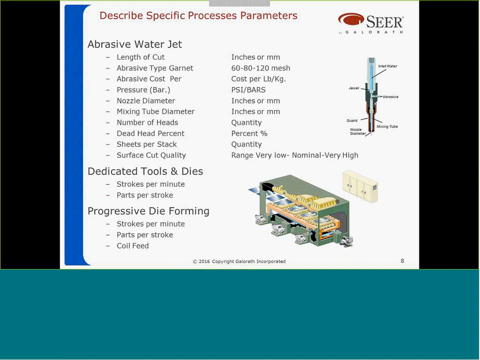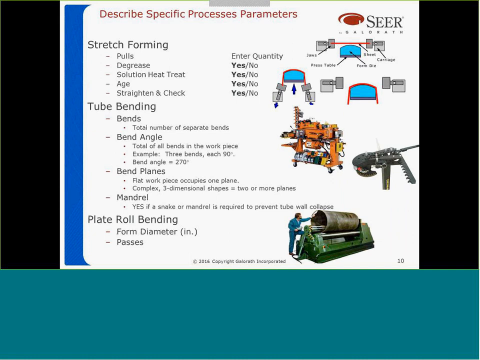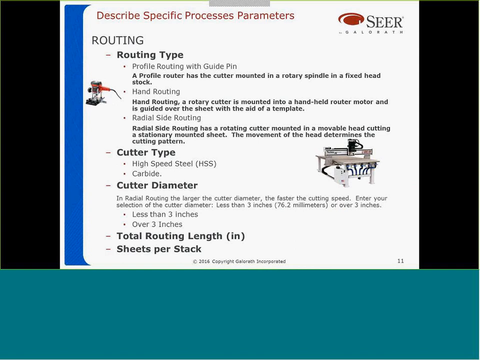Jet is another option for cutting. If you have high quantity, dedicated tools and dies are progressive die forming. Drop hammer, both traditional and hydroform type forming with rubber, stretch forming, tube bending, plate roll bending, all are available in the basic model for fabrication.